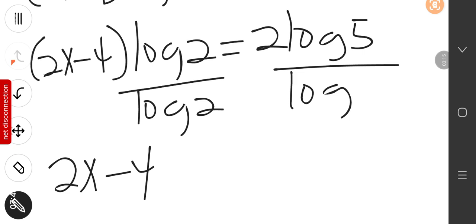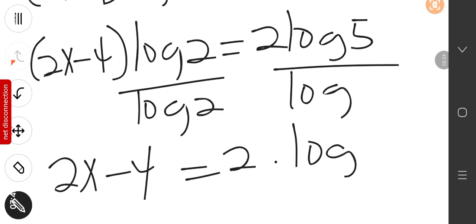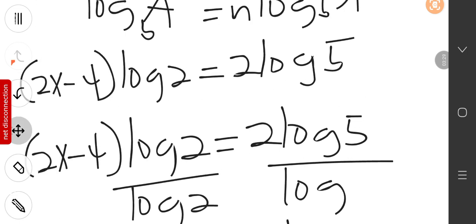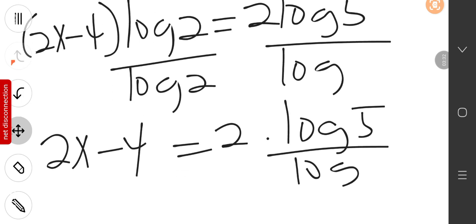So we are still going to have 2x minus 4 equals 2 times log 5 over log 2.